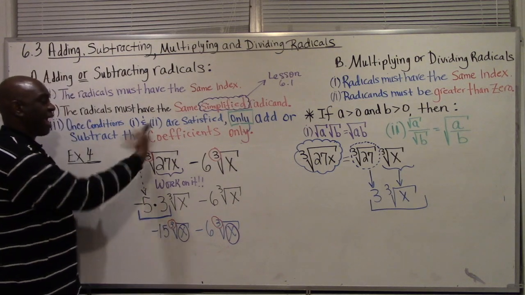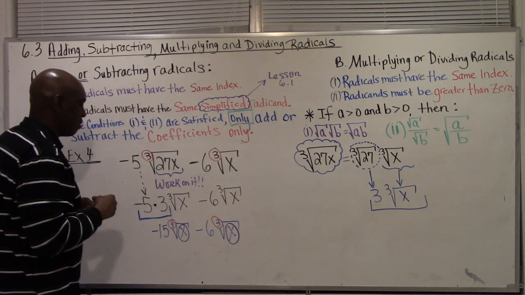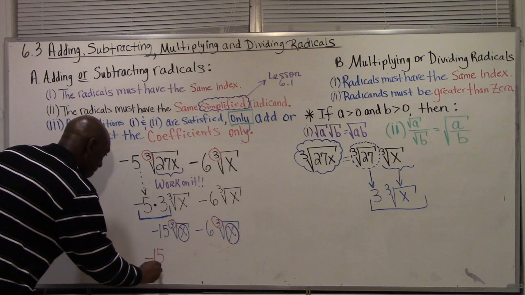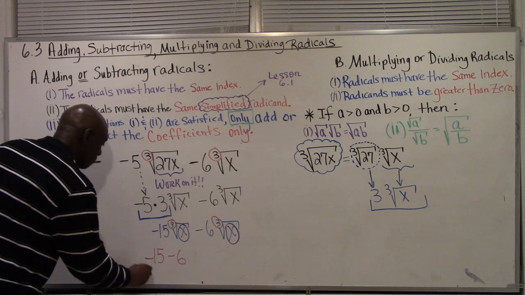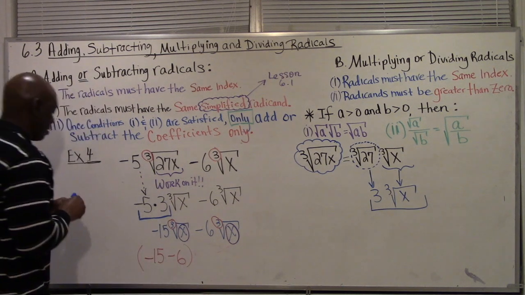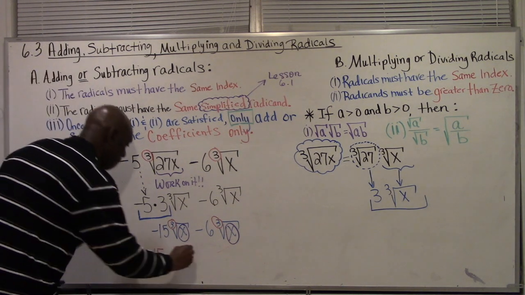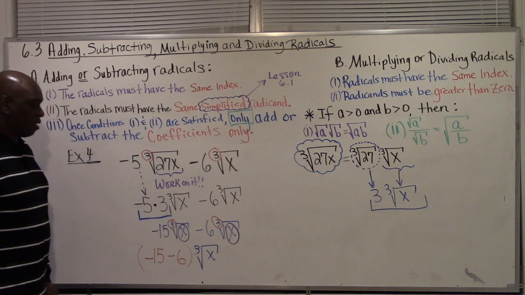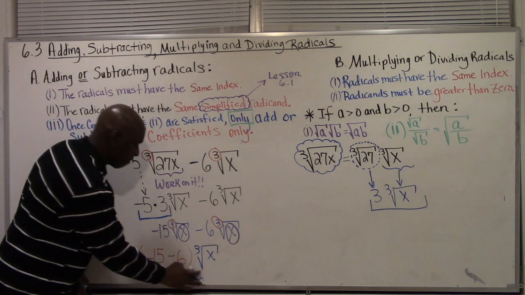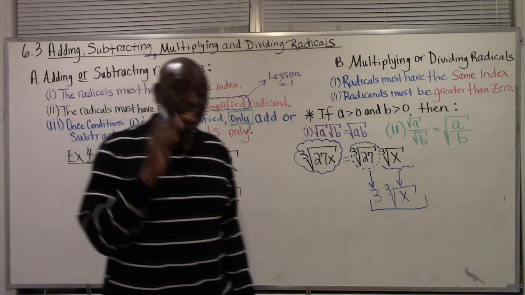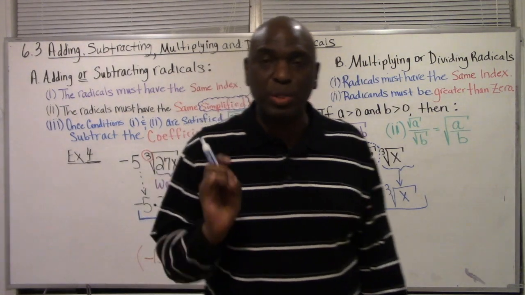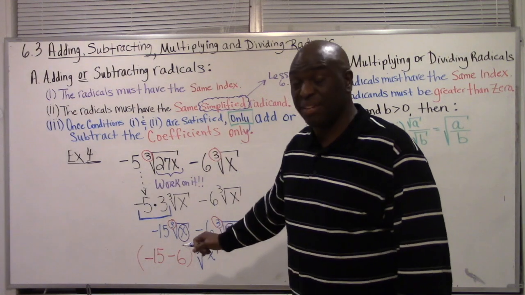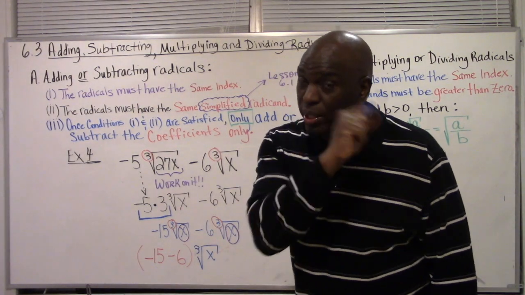So now we only either add or subtract the coefficients. So we're going to have negative 15 minus 6 cube root of x. Alright, so what's negative 15 minus 6? Once again, these are the basic rudiments that you need to understand. This fundamental operation of negative 15 minus 6, you should know it.